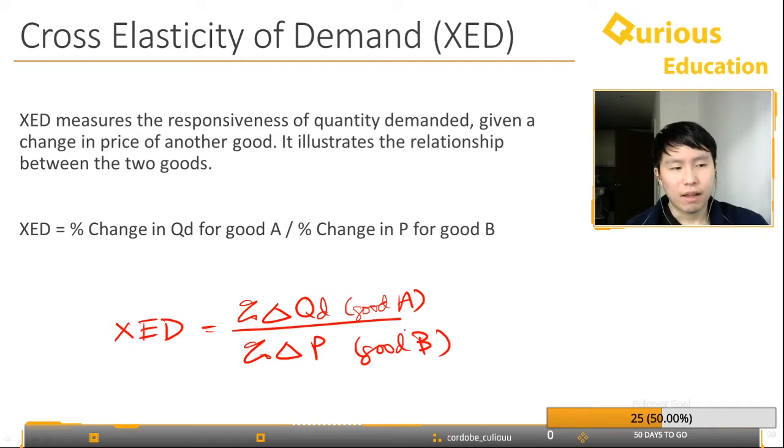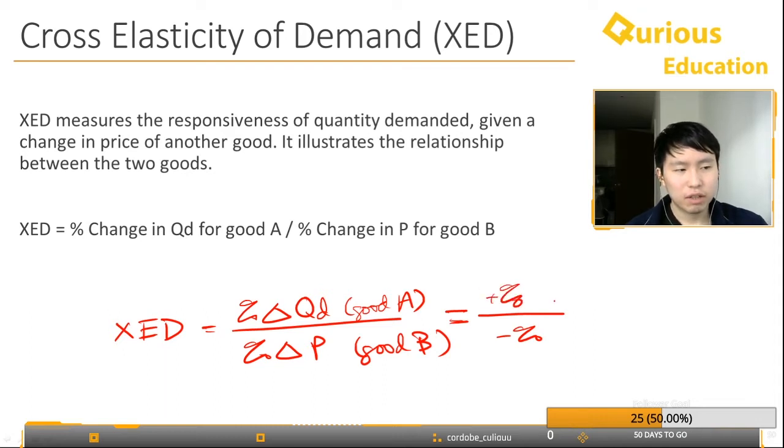As we can see here, if we take the tomatoes and lettuce example, if the price of lettuce decreases, then it's going to have a negative percentage change, right? And if the demand for tomatoes increases because the price of lettuce decreases, then we're going to have a positive percentage change.